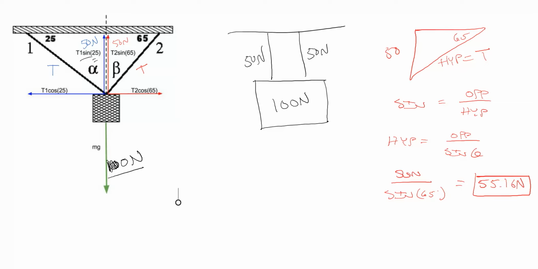Likewise, over here I'm drawing a similar triangle. I have an angle of 25, and I know this side is equal to 50. Again, I want to solve for the hypotenuse, which is equal to tension. So I'm going to use sine again. Sine is equal to the opposite divided by the hypotenuse.